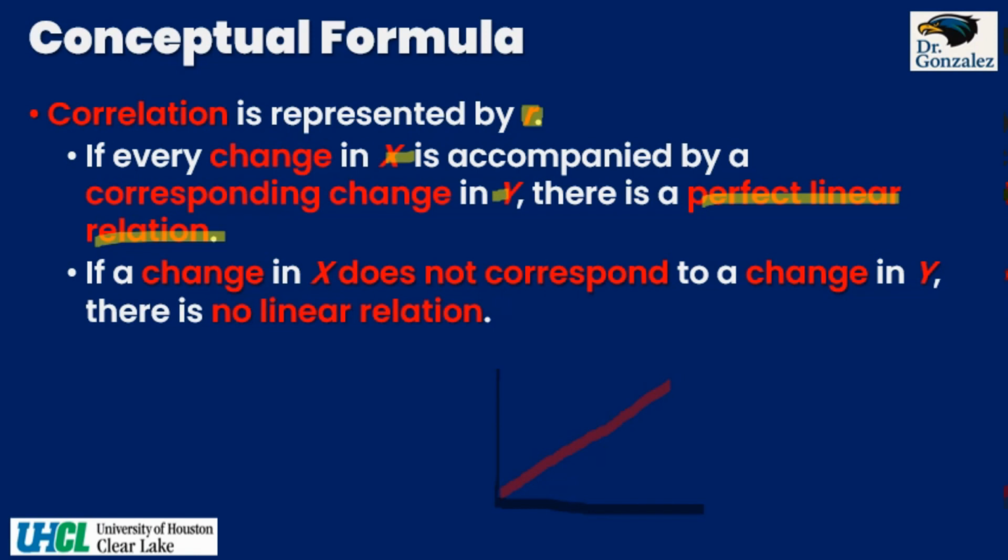I have a line that's going straight up. If I put my little dots in there, my dots would be closely clustered around that line, and I'm going to end up having that perfect linear relation. If the change in x does not correspond to that change in y, I don't have a linear relationship.